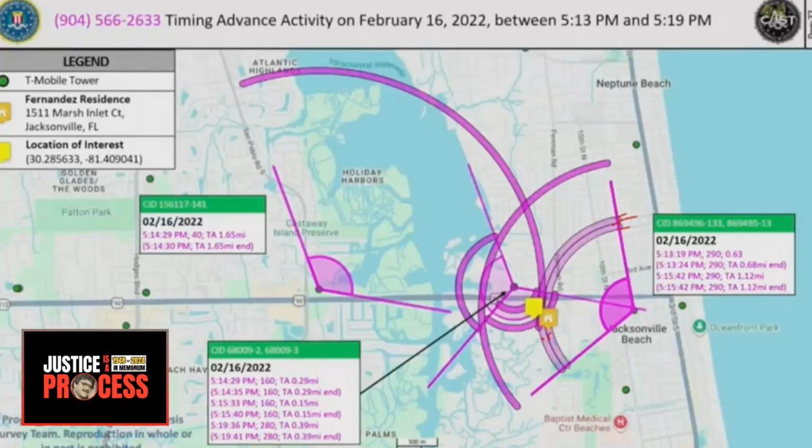Then at 5:15 and 42 seconds, there's the band farther at 1.12 miles from the base of the tower. There's timing advance events from an adjacent tower, and the long and short of it is that it appears that the target cell phone was moving to the east, or excuse me, west, I'm sorry, based on those timing advance events.